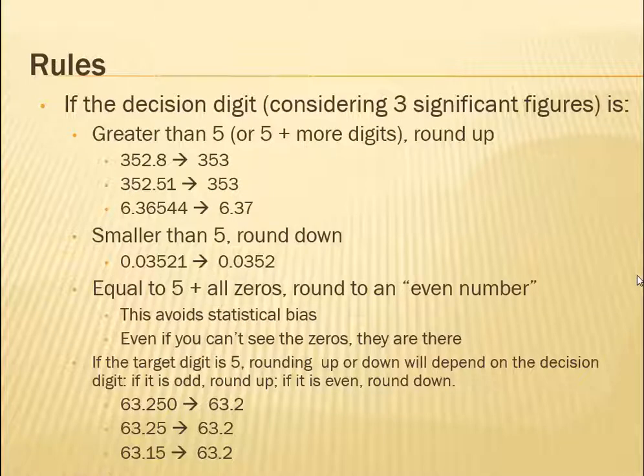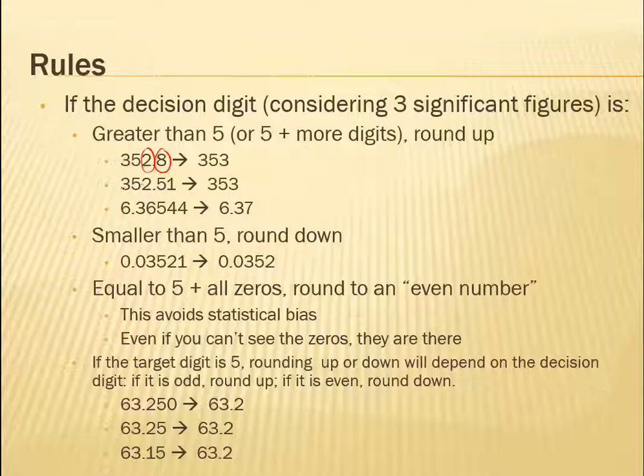So if your decision digit, if you're considering 3 sig figs, for example, is greater than 5, you round up. So if we have 352.8, 2 is my target, and 8 is my decision digit. 8 tells me it's higher than 5, so it tells me to round up, so 353.